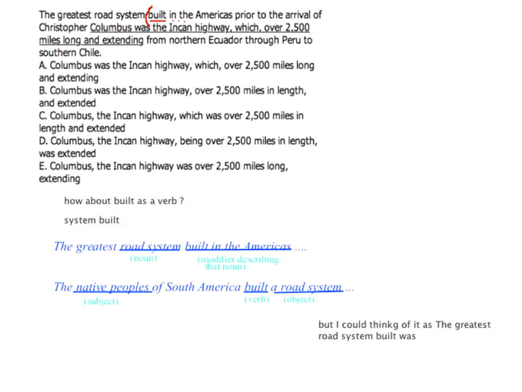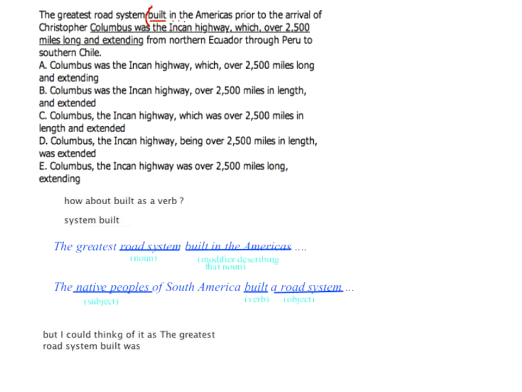Even if you thought of it this way, the greatest road system ever built was the IH. This is still the same sort of construction.